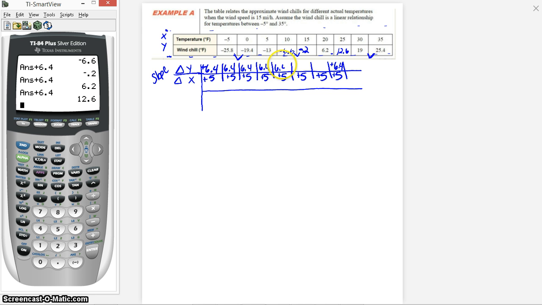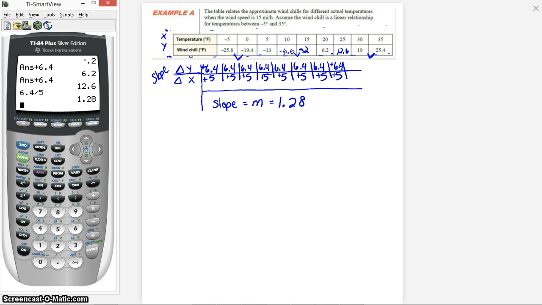So we filled out our table, and we know that all of these are going to be 6.4 over 5. So we're going to have an exact slope. So we simply take 6.4, which is the change in the y value, divided by 5, the change in the x value, and our slope is positive 1.28. So our slope, or our m, is 1.28, right?